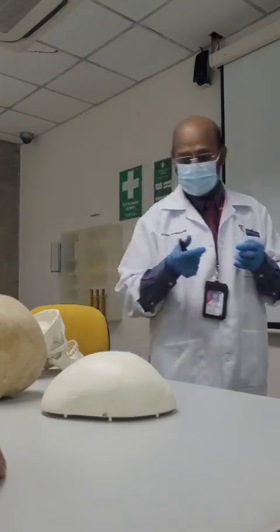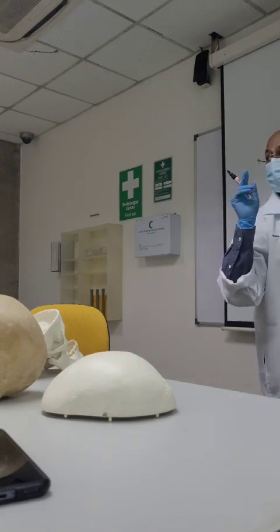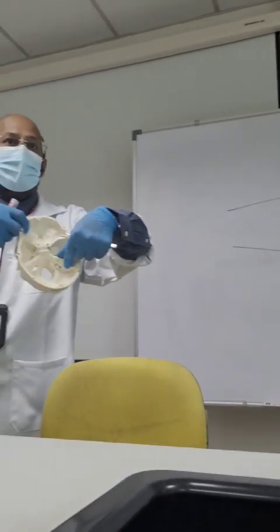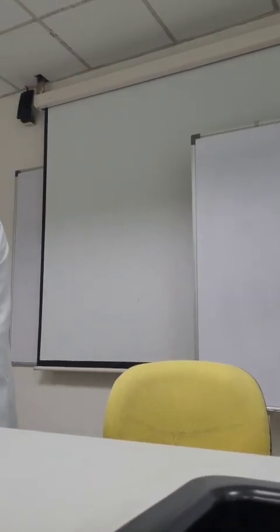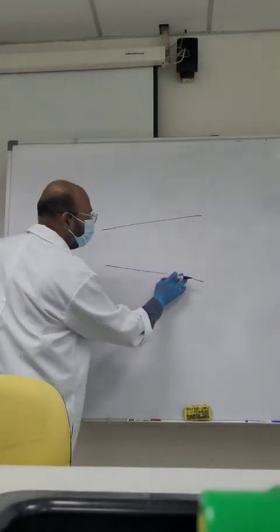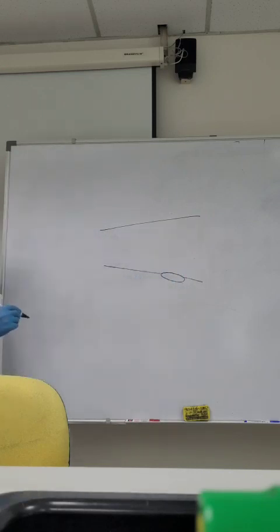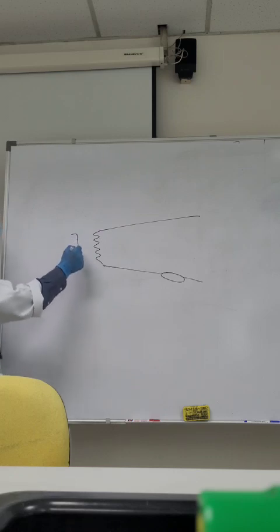How it happens is like this. Simple diagram. There is something called the petrous part of the temporal bone. This is the petrous part of the temporal bone. There is one opening here, which is called the carotid canal. At one end you have the opening of foramen lacerum.